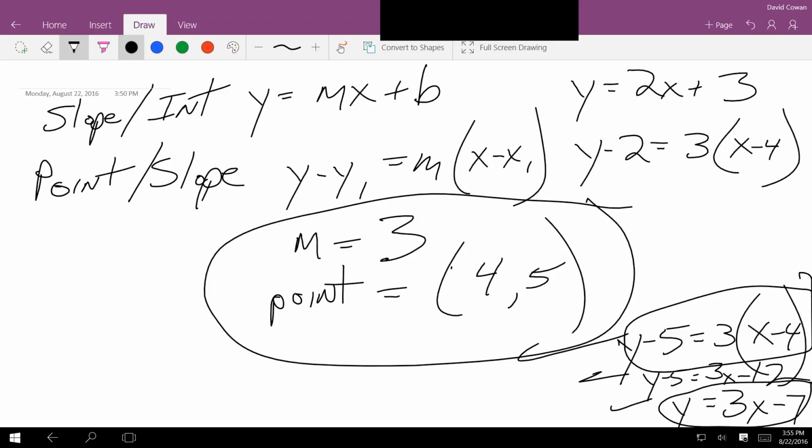But those are the two most important formats in algebra: slope-intercept, which is y equals mx plus b, and point-slope, which is y minus y1 equals m times x minus x1. And you should be able to work in either format.